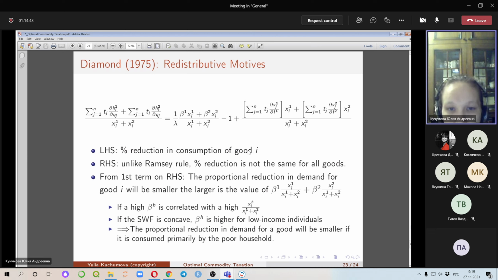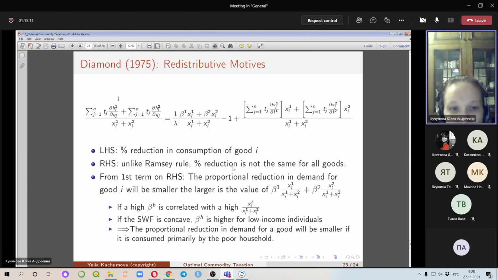Here, we added the second consumer, and the subscripts 1 and 2 reflect the indexes of a consumer. Okay, and so our results are not the same. So the percentage reduction is not the same for all goods, and any other differences?